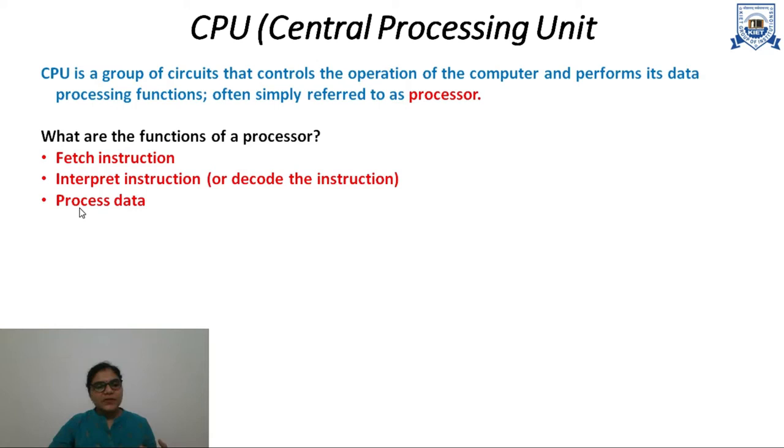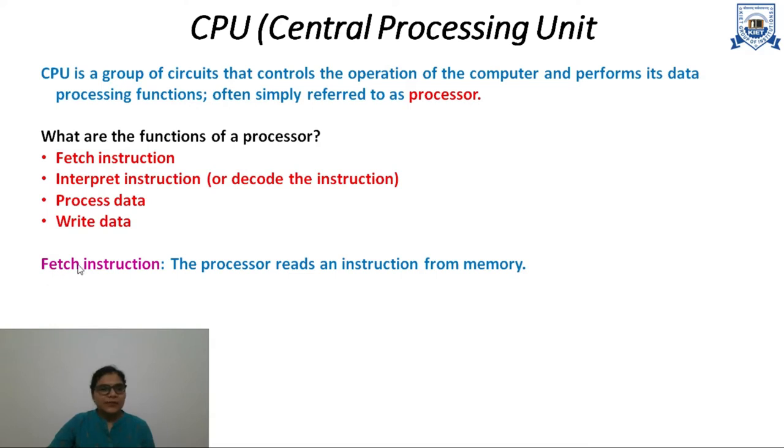It processes the data, which means it performs the operation determined by the instruction on the data or on the operand. Write the data. After processing the data, after applying some operations on data, it will get some result. So the result will be written to the memory or to the output unit.